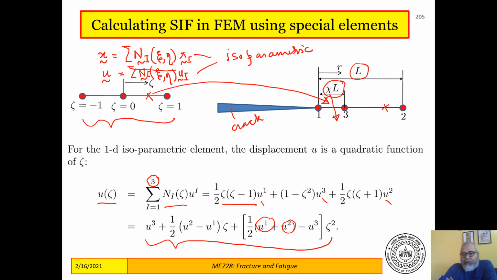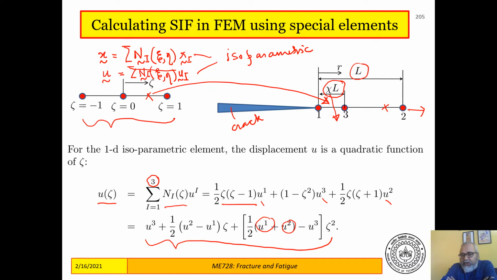The point to note here is that if I take strains, I'll have to take derivatives of u with respect to x, or whatever this coordinate direction is. So when I take the derivative, I would get a linear function in zeta. So the stresses will also contain those linear terms.